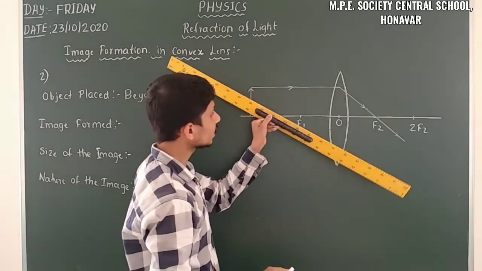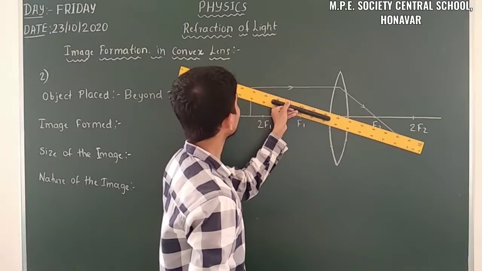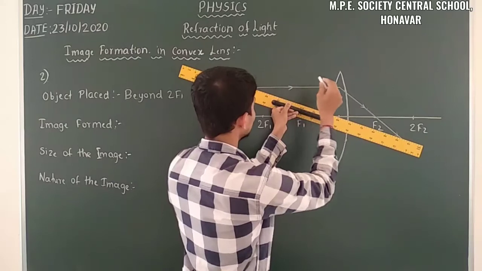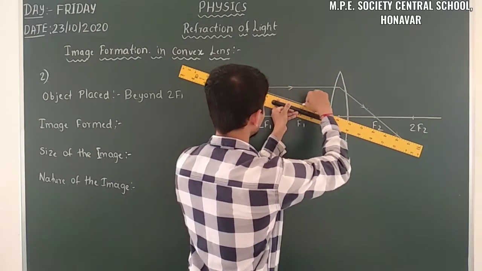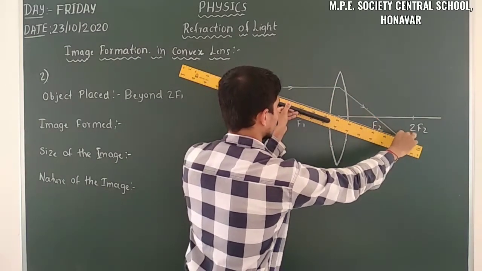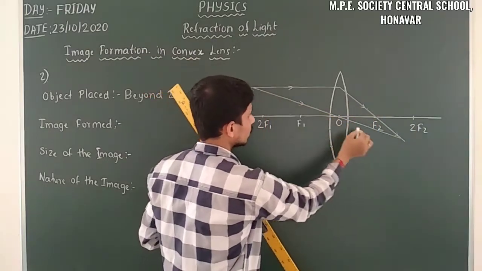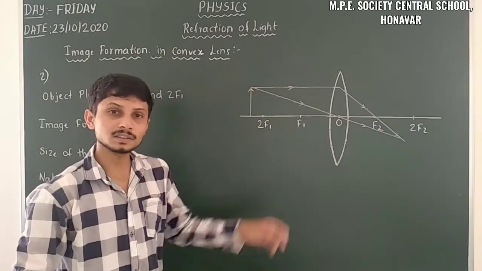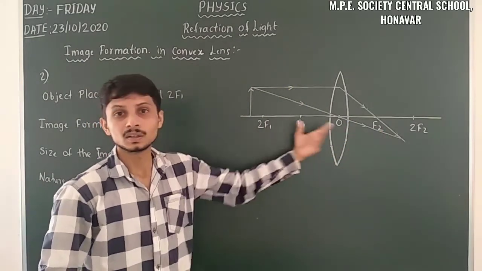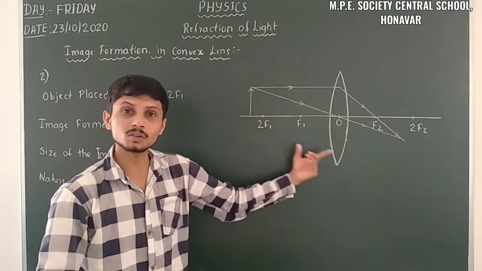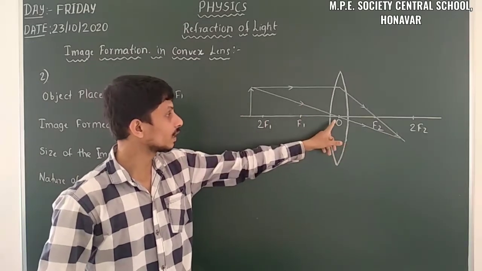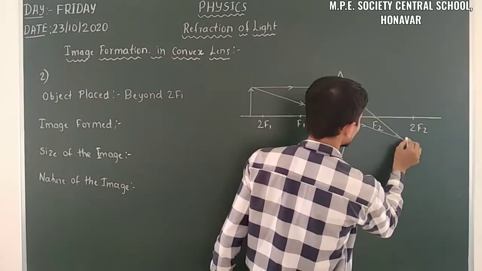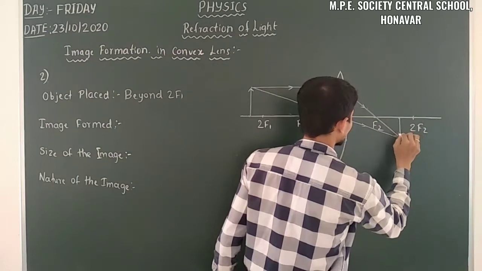Then another ray we have to pass through the optic center here. It is like this. A ray that passes through the optic center, after refraction, emerges without any deviation.